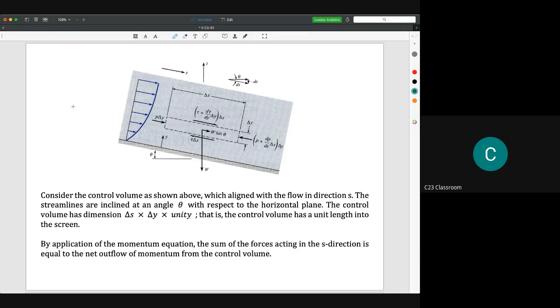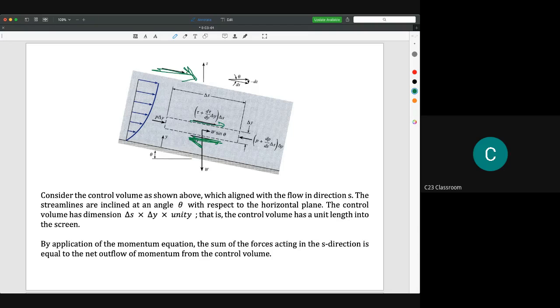The second assumption is that the molecules of fluid will give resistance according to the existence of shear stress. So there is a resistance from the shear stress, and we assume that the shear stress will act in the reverse direction of the fluid flow. If the fluid flow is in this direction, we have shear here and here.